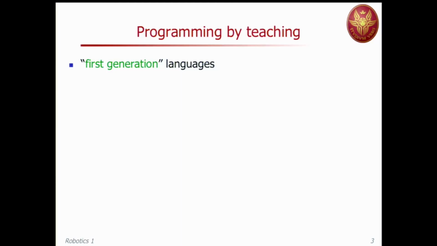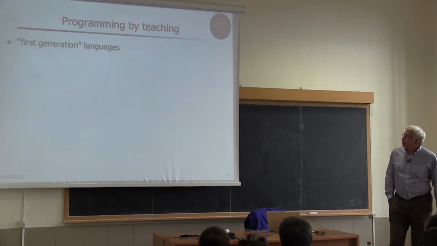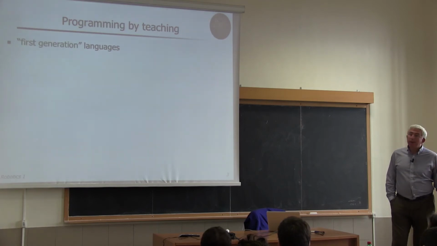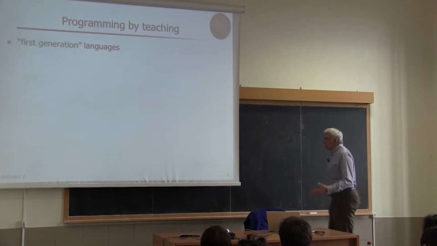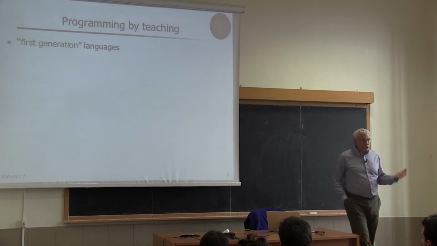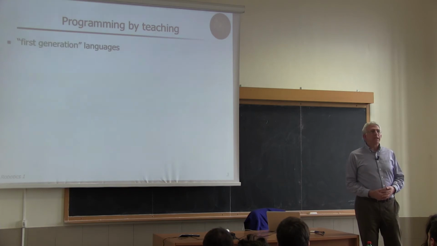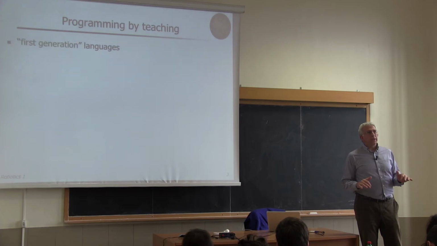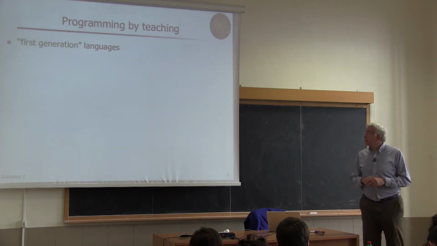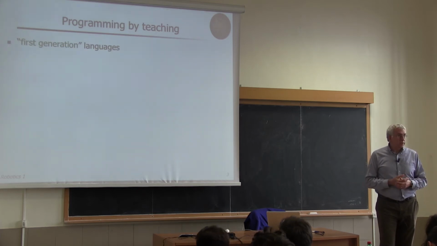There was a first generation of programming languages for robots, and this goes under the heading programming by teaching. What do I mean by that? Well, essentially, you could have a teach box, so a joystick or something similar, or a keyboard, and move the robot manually by pressing buttons or moving the joystick to bring it into a specific configuration.